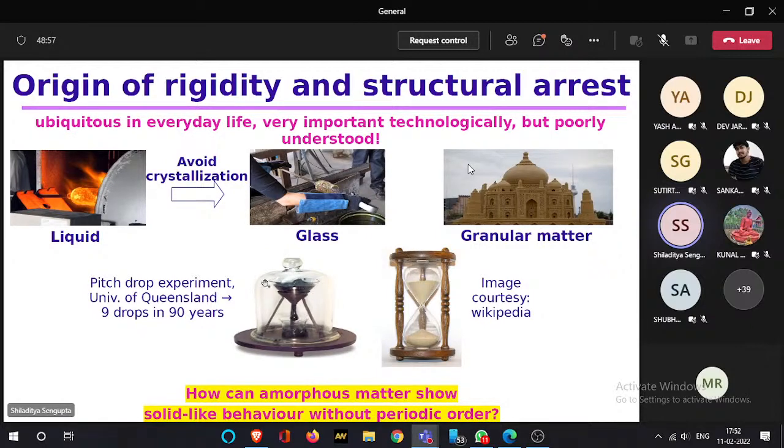There is a funnel in which there is some lump of tar or pitch, and they are observing the drops of pitch falling into this bucket. This process is so slow that there are only 9 drops in 90 years so far.